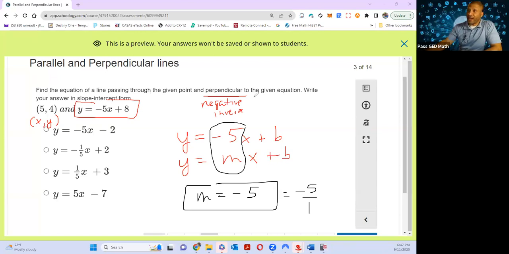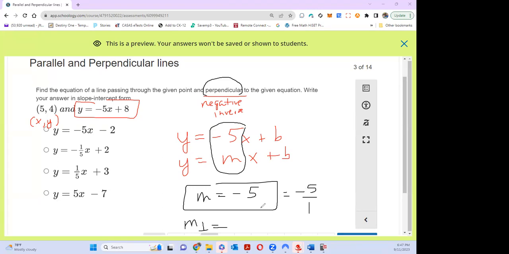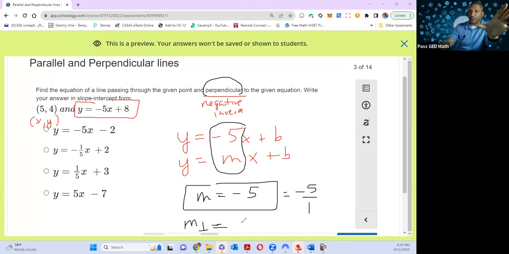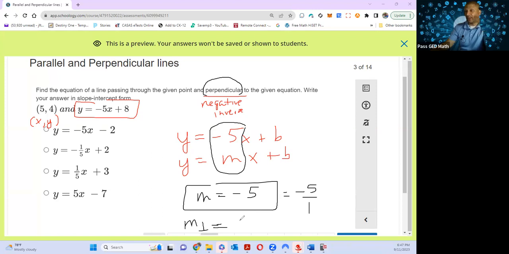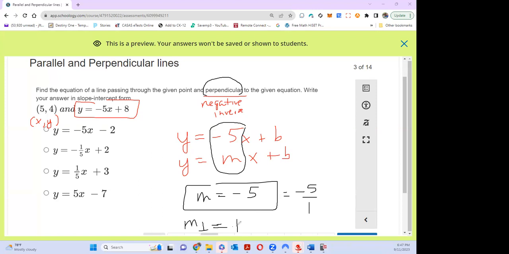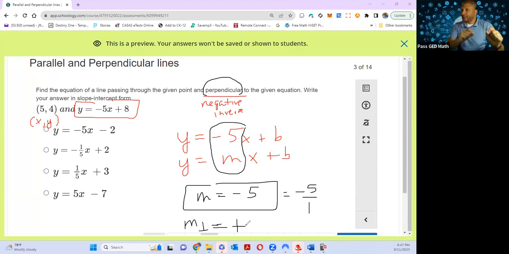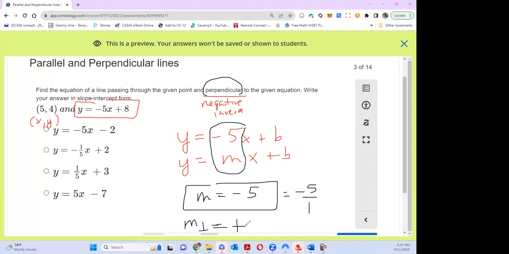So if I need to find the slope of the perpendicular, I need to change the sign and flip. This is negative, so my perpendicular is going to have what sign? Positive.